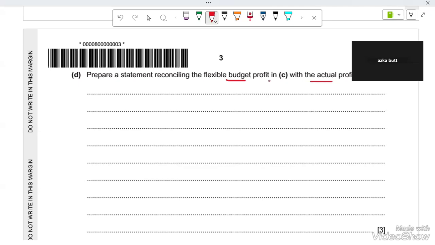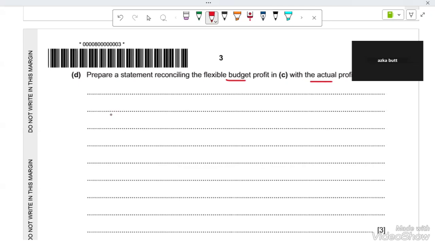So first of all, the sales revenue. What was the formula for this? Sales revenue minus total cost is equal to flexible budget profit.